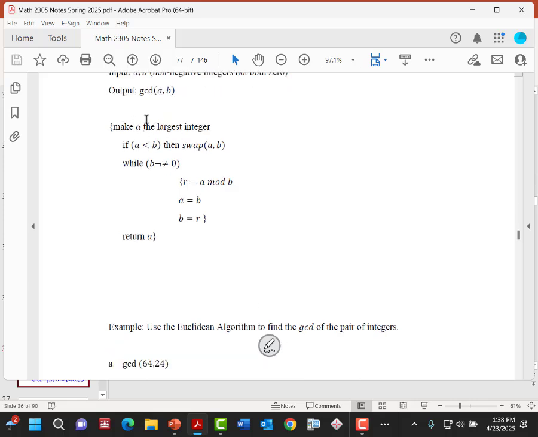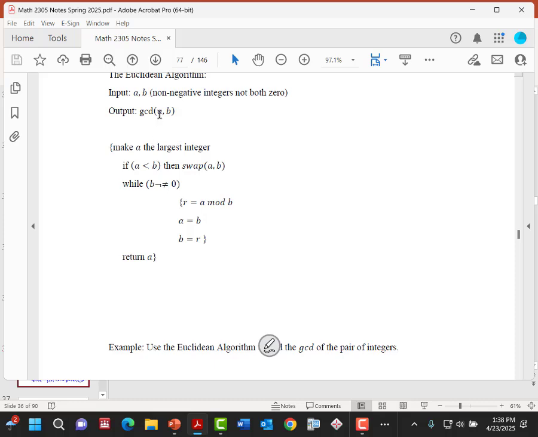We're going to let a be the larger of the integers. Whichever one is larger, I'm going to call it a, and the smaller one, I'm going to call it b. If for some reason a is less than b, then we're going to swap them. Now this is what the while loop says: while b is not equal to 0, we compute a mod b and store that as r.